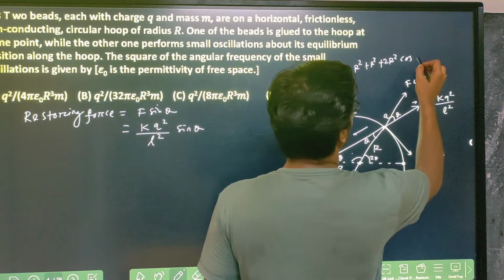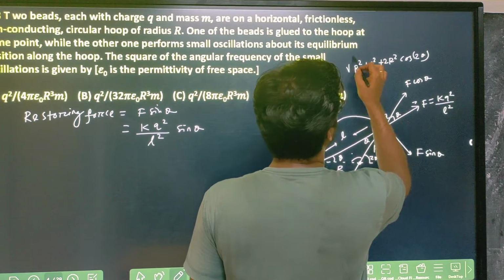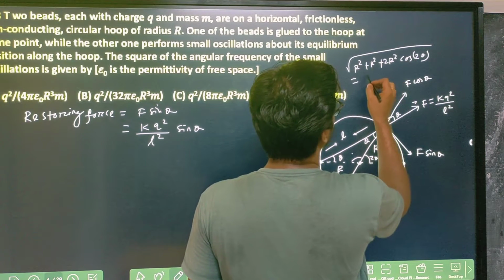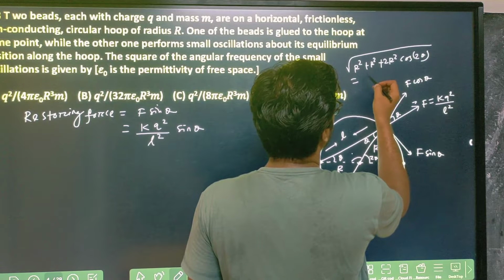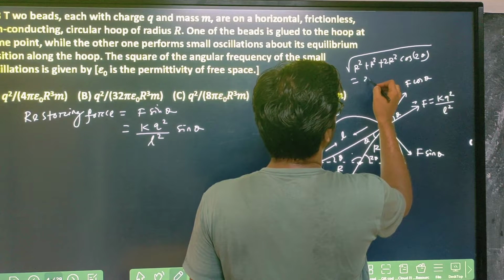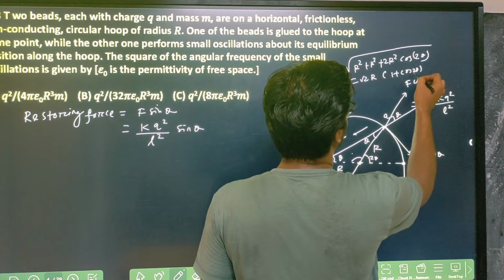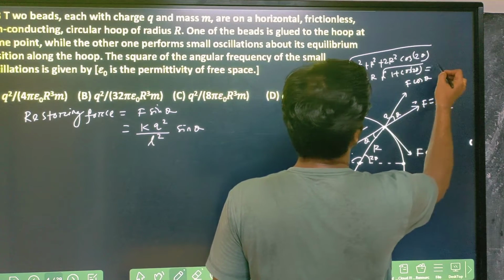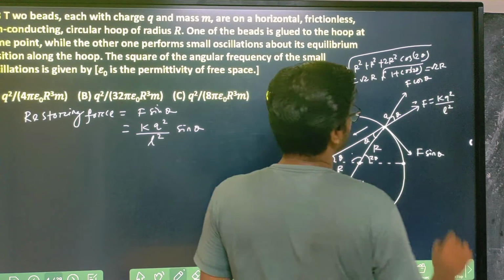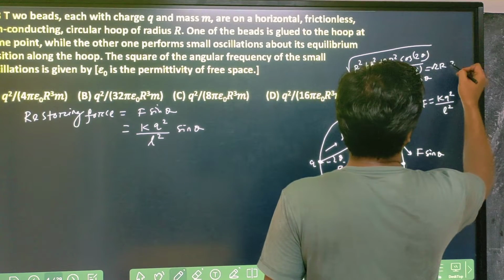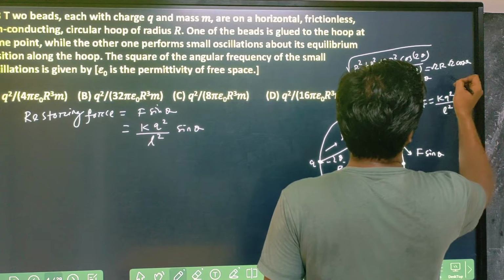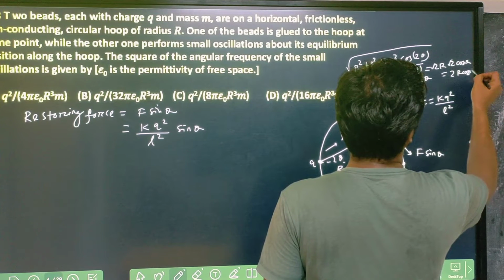You have to take cos of 2 theta, right? So this root over you can find out. So obviously you can take common 2r square. So this will be root 2r times root of 1 plus cos 2 theta, and 1 plus cos 2a is 2 cos square a. So this will be root 2 cos theta. So this will be coming as 2r cos theta.